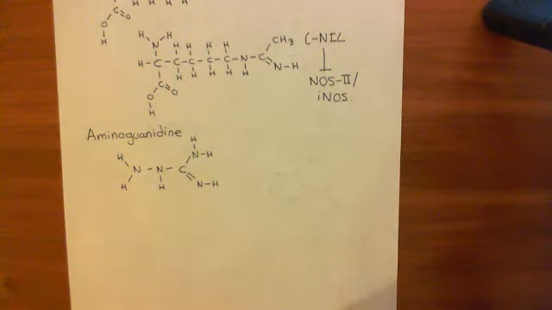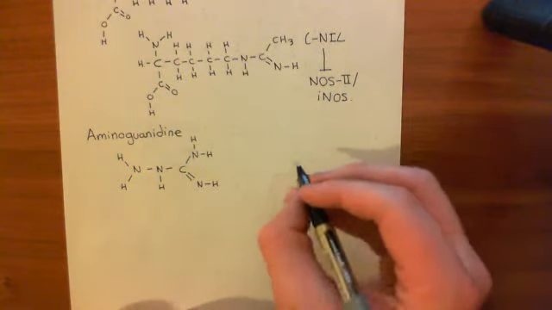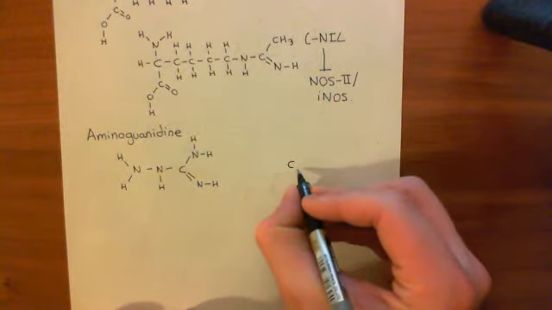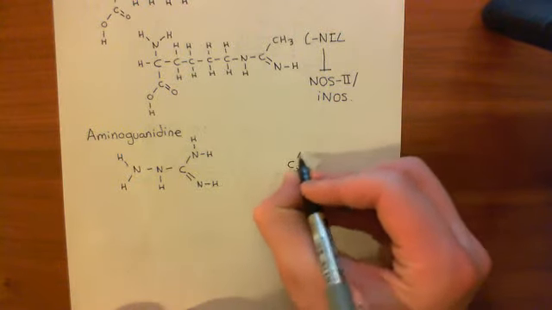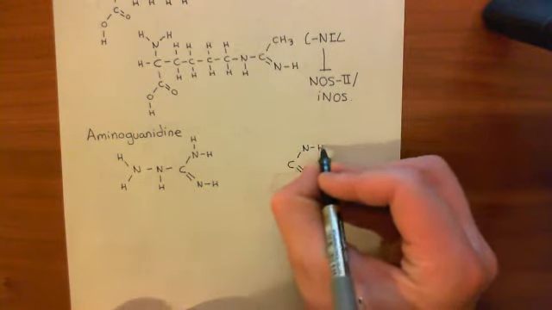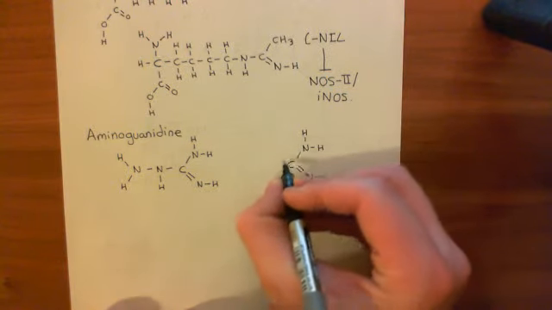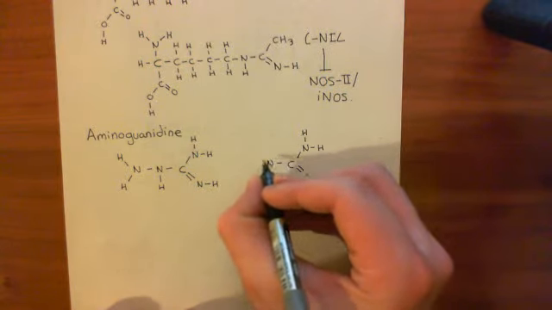Now, let me explain to you why it's called amino guanidine. So let me show you the structure of guanidine. Guanidine would be this structure here. So it would be again this carbon with this amino group coming up here, and then it would just have another amino group here.